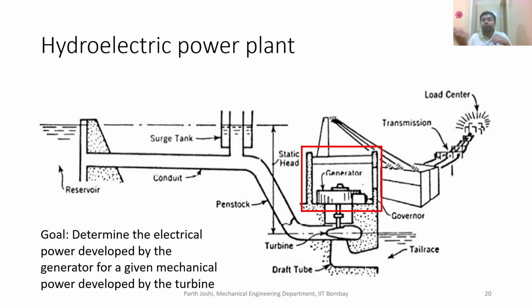Depending on the speed of the turbine and the power input, we'll get the expected output of the generator. Again, that is also not 100% efficient, so there will be some losses. Because of the inefficiency in the generator, all those things will also cause some energy losses.